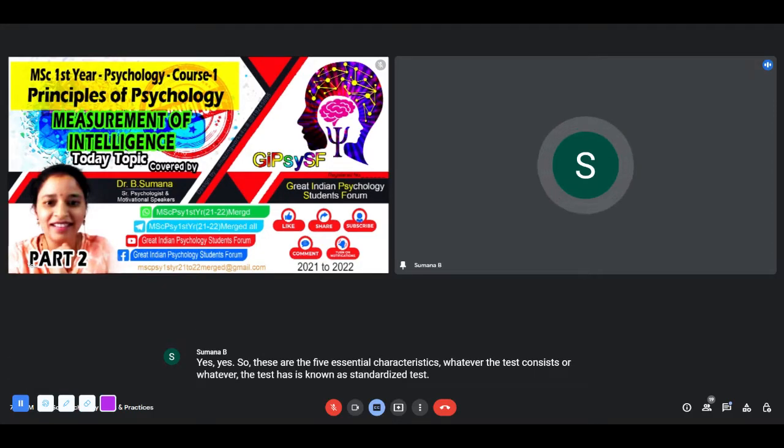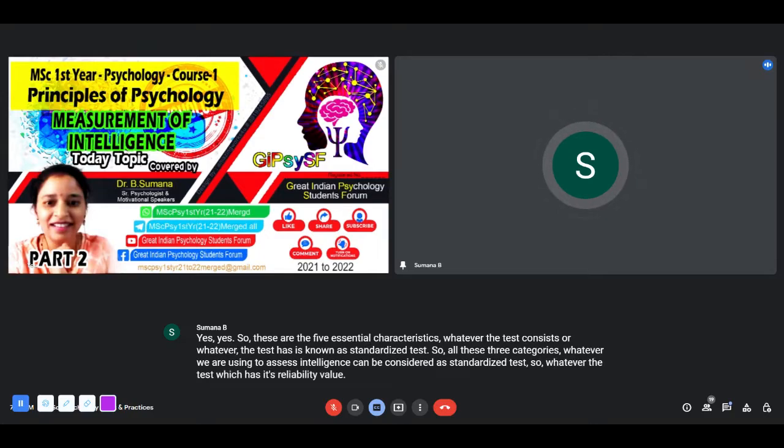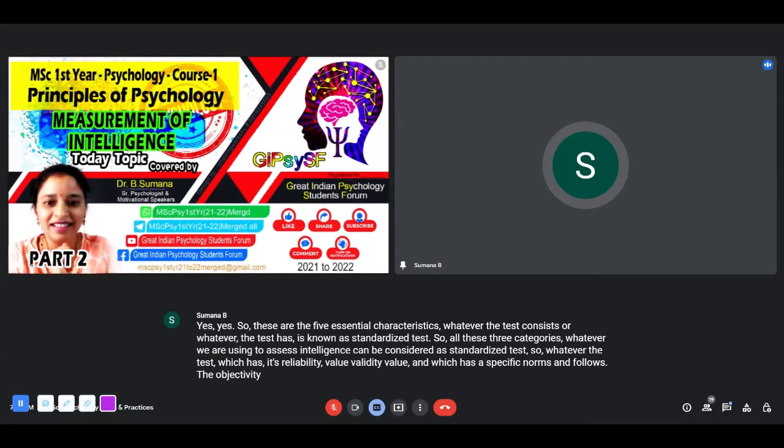So all these three categories, whatever we are using to assess intelligence, can be considered standardized tests. A test which has its reliability value, validity value, specific norms, and follows objectivity will be considered a standardized test.